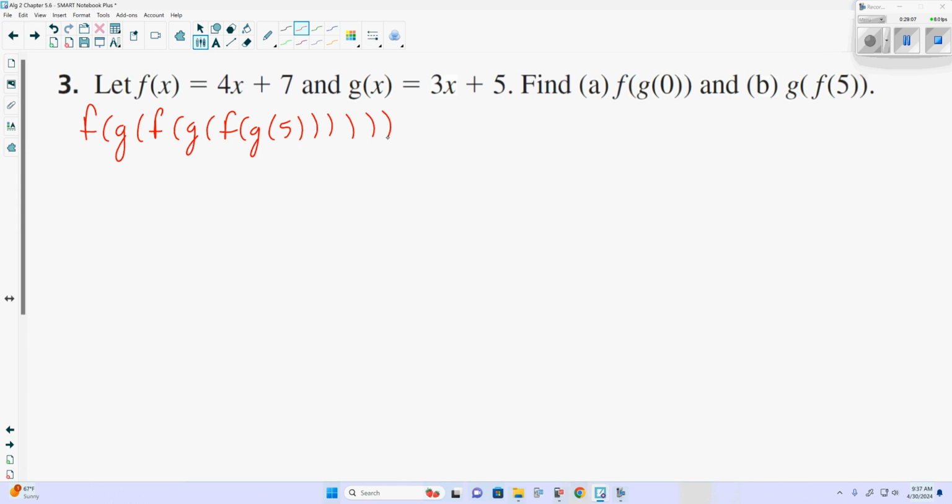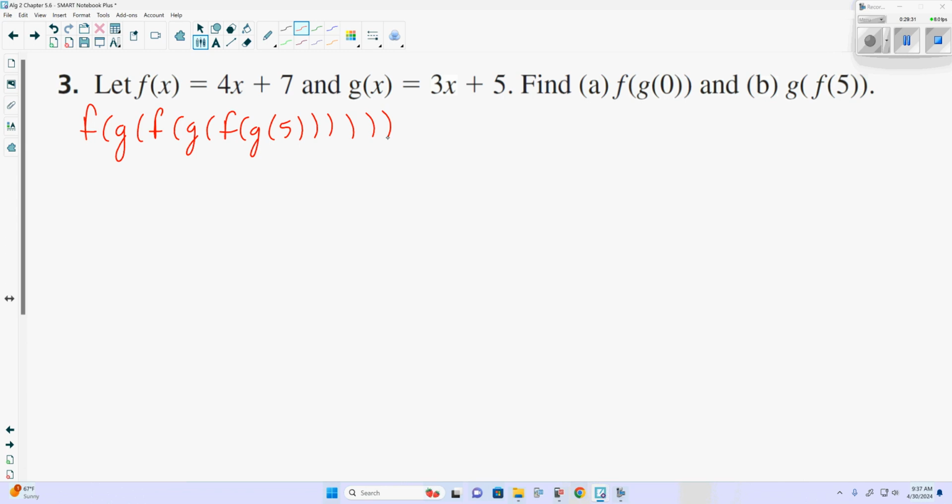It's harder than what we've done, yes? But again, what I started this lesson out with still holds true. We're going to work from the inside out, yes? So we have f g, f g, f g show up 3 times: 3 f's, 3 g's. And we're going to start with g of 5.